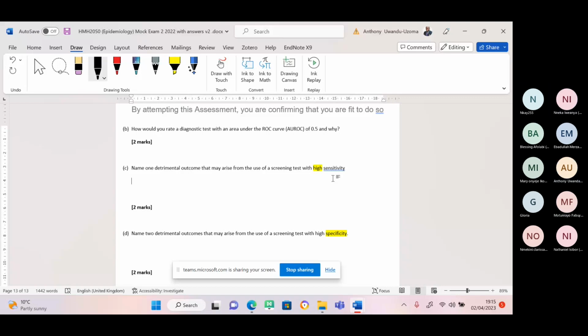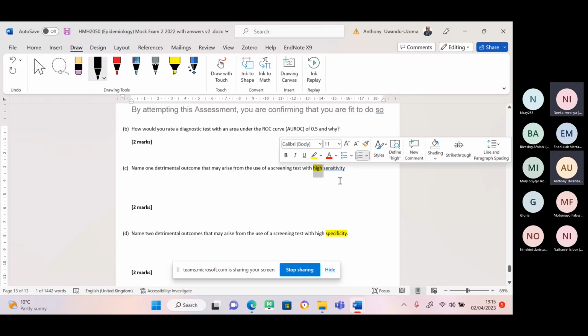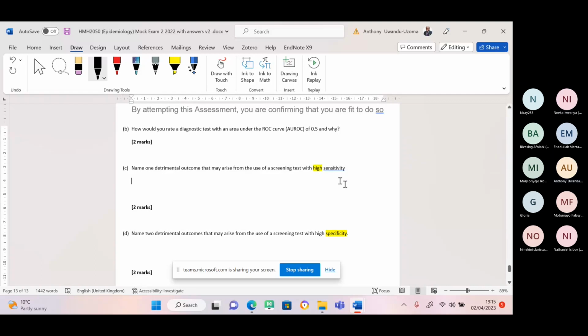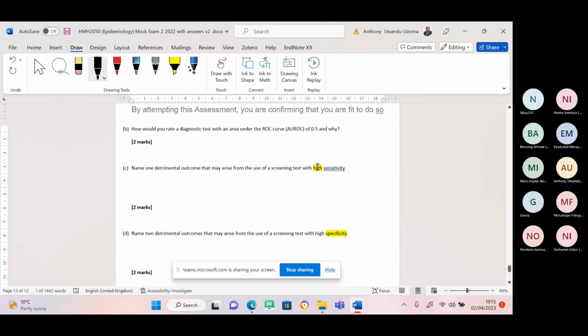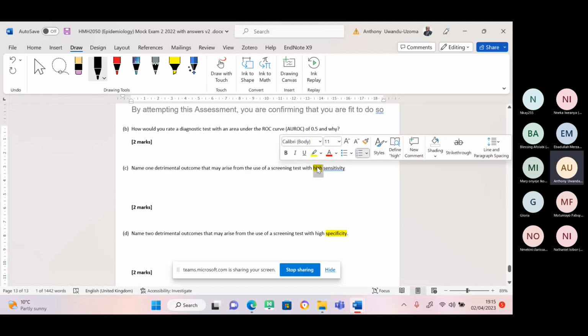I thought we had answered this question. No, I said high, it's now high. Before it was low, now it's high. So if a test has only high sensitivity, what would it mean? Is there any disadvantage of that?